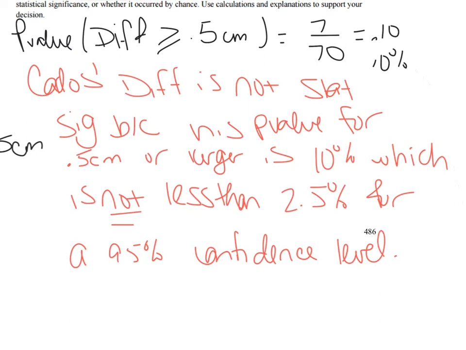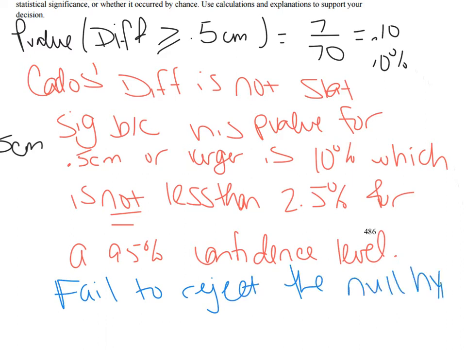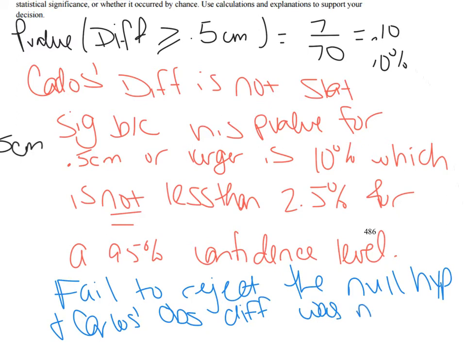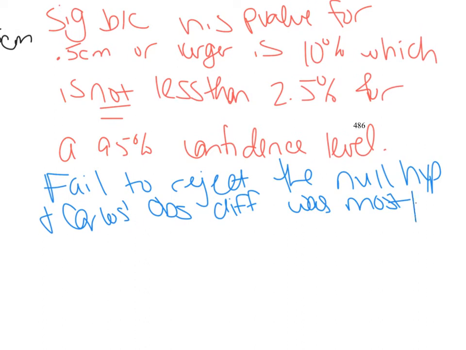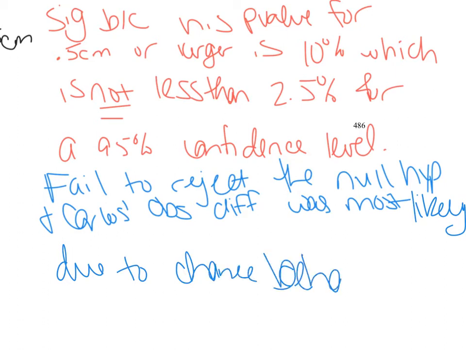We will say that since we did not see something was statistically significant, we will fail to reject the null hypothesis, and Carlos's observed difference was most likely due to chance behavior. Meaning that the butterflies probably always will have that wingspan.